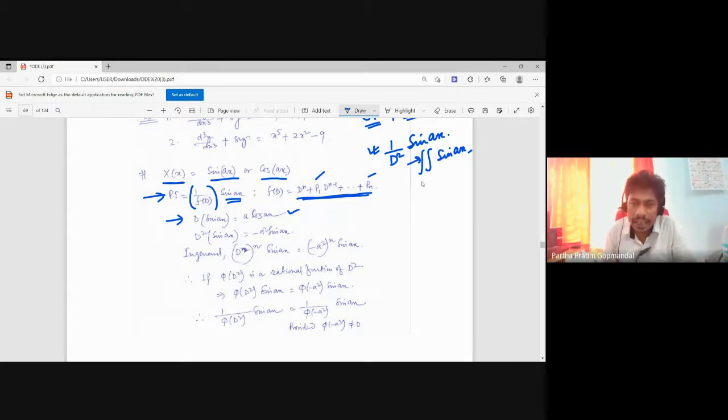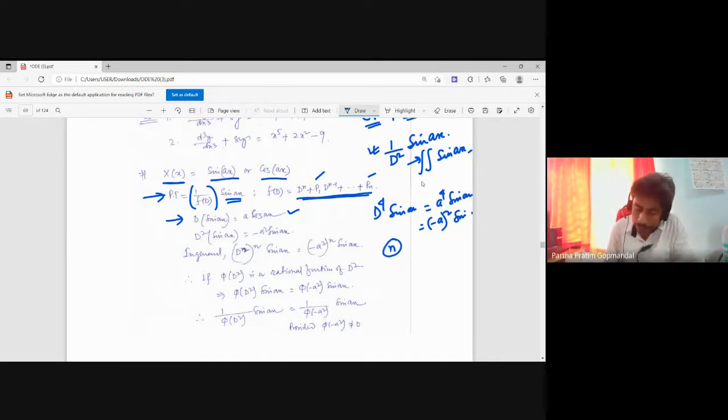Likewise, if you find D square to the power n, that means D to the power 4, D to the power 6, and so on, the value will be nothing but minus a square to the power n into sine ax. You can check it: find D to the power 4 of sine ax. That will be simply a to the power 4 sine ax, which is minus a square squared sine ax. So it is for n equals 2. Similarly, you can find it for any n.